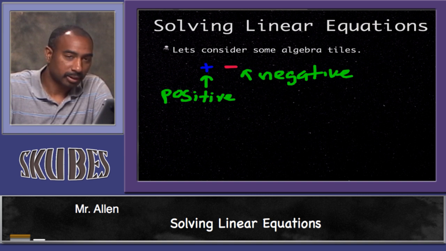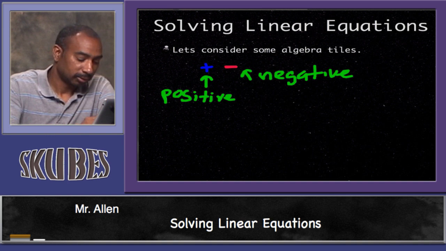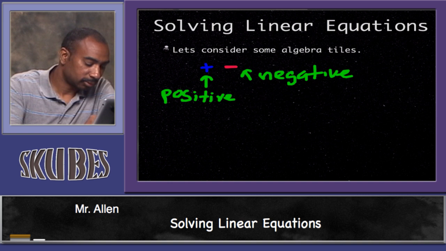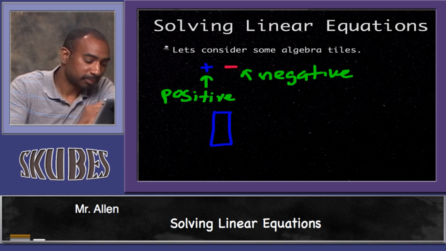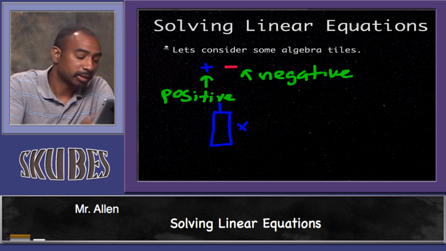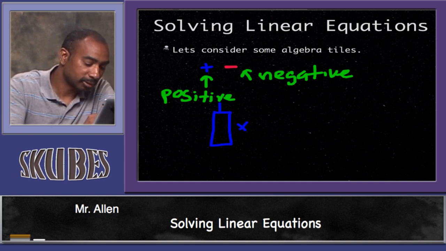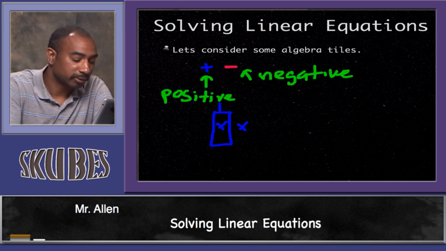And when we deal with algebra, we have two different types of tiles. This is considered x because, let's say this is x by 1. And we know the area of a rectangle is length times width, so 1 times x is x. So when you see the blue rectangle, that's going to stand for x.